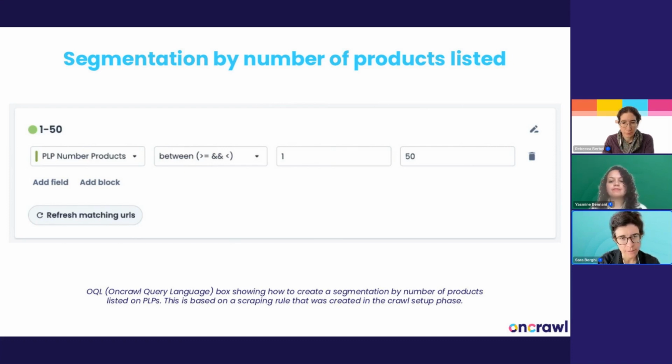So in this case, the segmentation by products listed is based on a scraping rule, so you see the name of the rule that defines the number of products, and then you can create segments that contain the number of products that you really want. So it's really flexible.